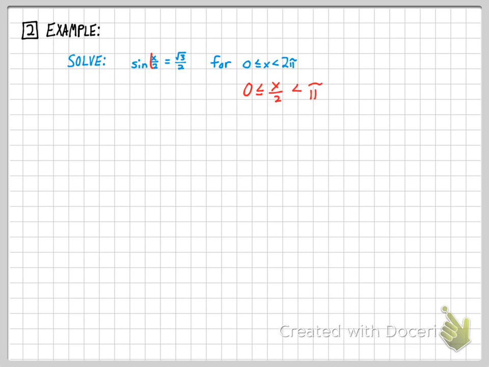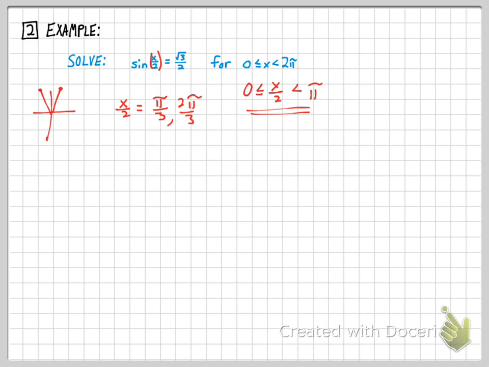I'm going to think of x over 2 as my answer initially, and think about the angles whose sine is 3/2. If I think about a little picture here, it's going to be these two angles. I don't have to go around the circle a second time because my constraint says I only have to look halfway around the circle. And so those are going to be pi over 3 and 2 pi over 3.